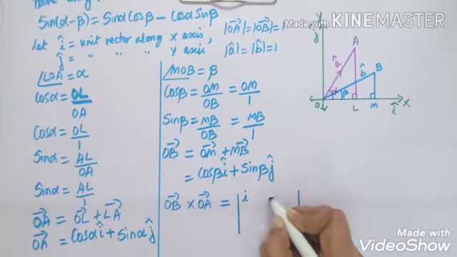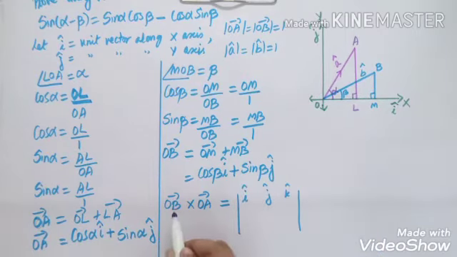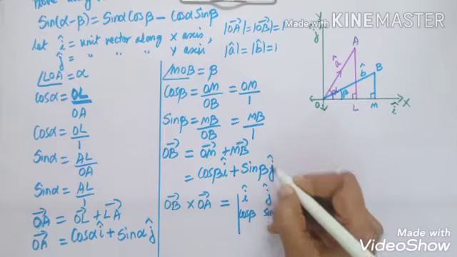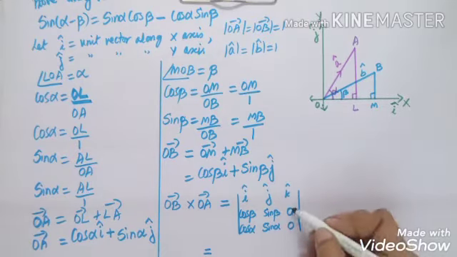It is a determinant, first row i, j, k. Second row, what is OB vector? It is cos beta, sin beta, and there is no k component, means put 0. What is OA vector? Cos alpha, sin alpha, again k is not there, means put 0. Expand this. Here 0, 0.